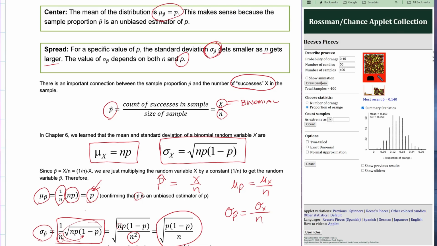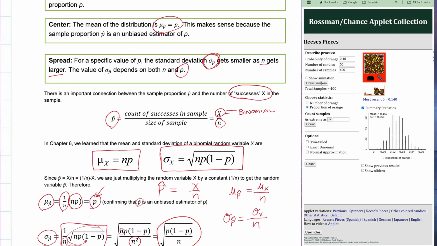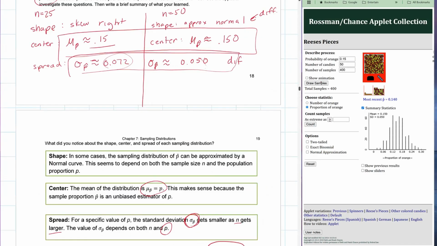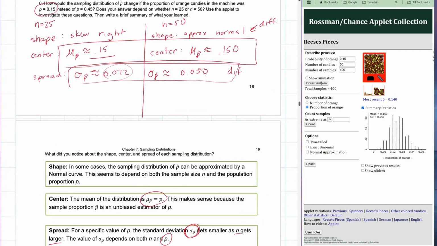Let's take a quick look to see whether our simulations match that pretty well. We had said that from our simulation, we got 0.050 for the standard deviation. Using the formula, this would have been the square root of 0.15 times 0.85 divided by 50.